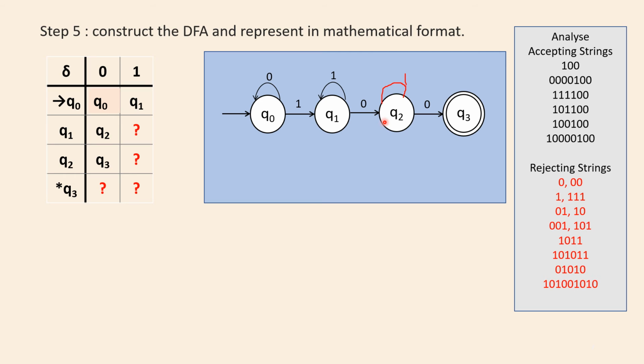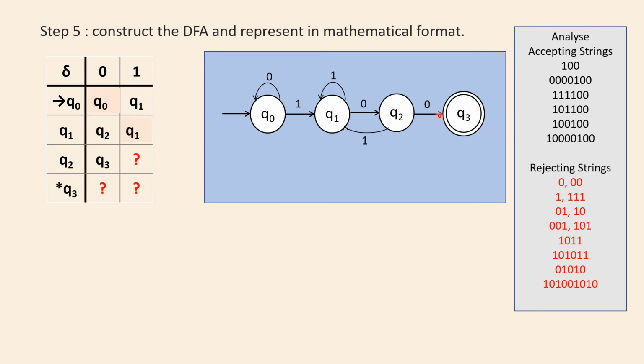So if I loop 1 in Q2, what happens? 10 and 10 is getting accepted. Therefore, I cannot loop 1 in Q2. Instead, I will send back that 1 to Q1. So if I have 101, n number of ones will get looped in Q1 ending with 00. Now we have 100100.